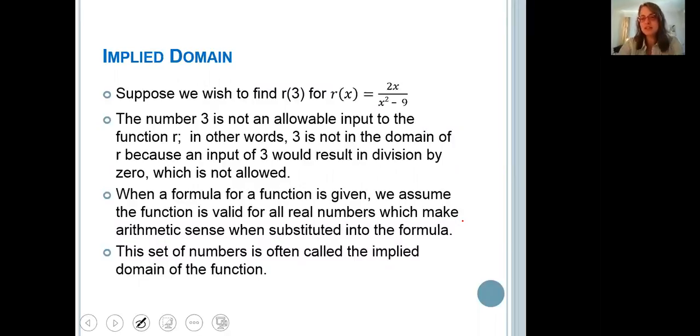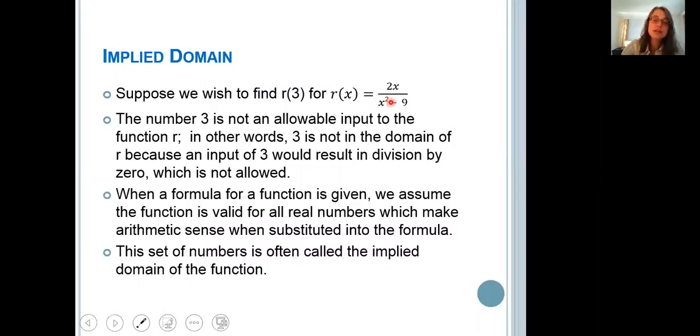Now, for mathematical functions, how we figure out what we are allowed to put in depends on our knowledge of what's allowed and not allowed. So let's look, for example, at this function I've got up here. This guy, r of x equals 2x divided by x squared minus 9. Now, I happen to know that the number 3 is not an allowed input into that function. Why?